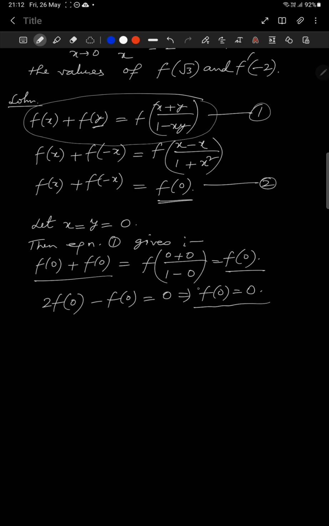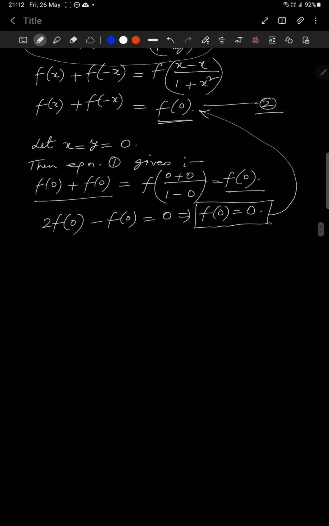Alright, so this is one of the important results which we have got, and this result we can use over here in equation number 2, so that we are left with f(x) + f(-x) = f(0) = 0.